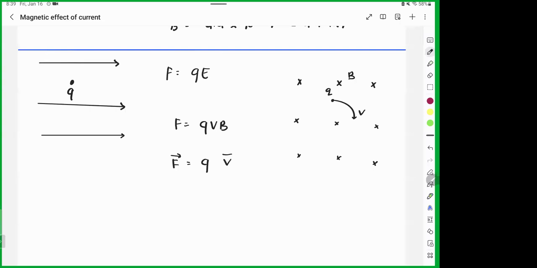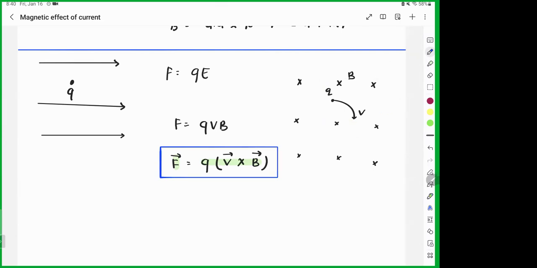Velocity is a vector and the magnetic field is a vector. So your force will be QVB. Same thing we will read today: your force in the magnetic field is V cross B.